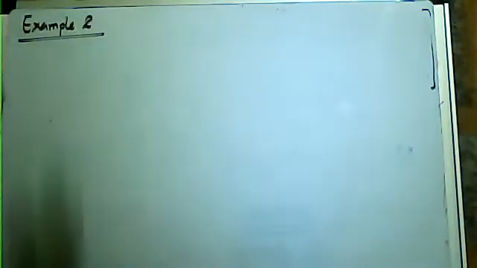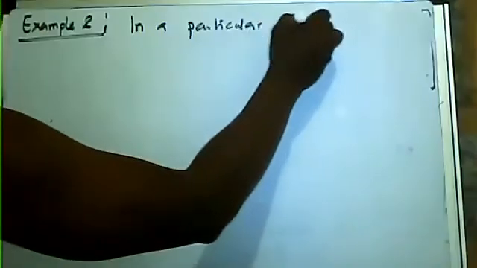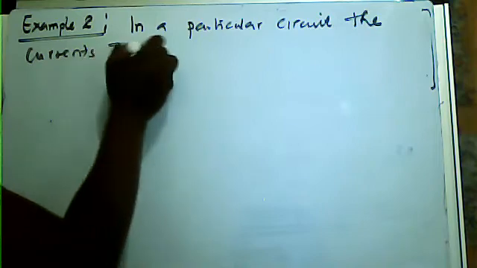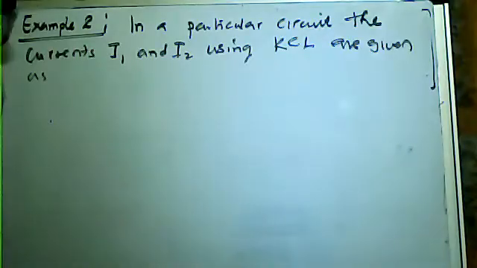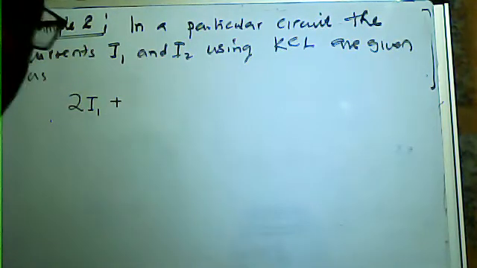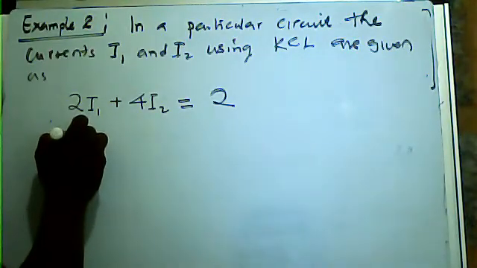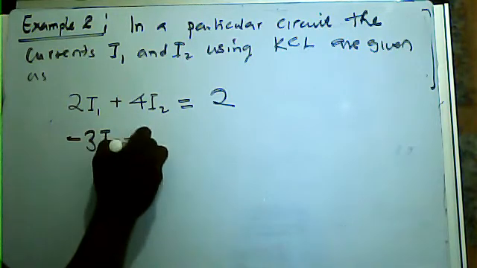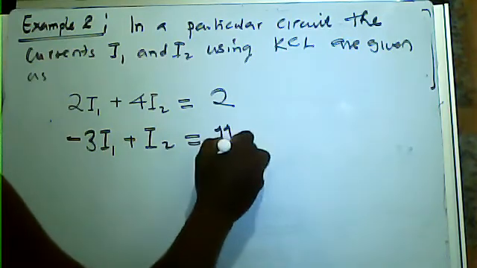Example 2. In a particular circuit, the currents I1 and I2, using Kirchhoff's current law, are given as 2I1 plus 4I2 is equal to 2, and minus 3I1 plus I2 is equal to 11.